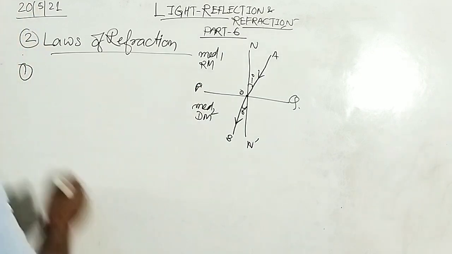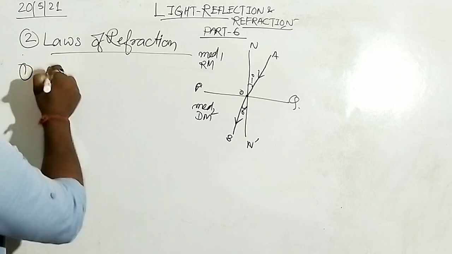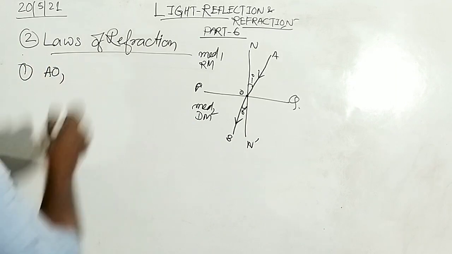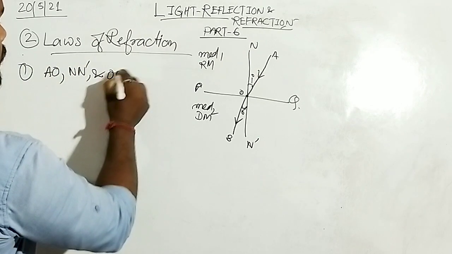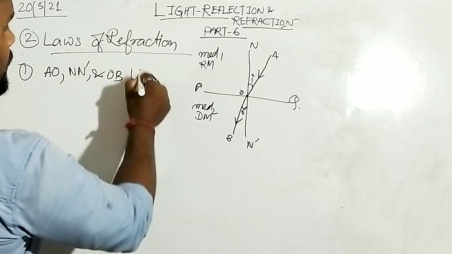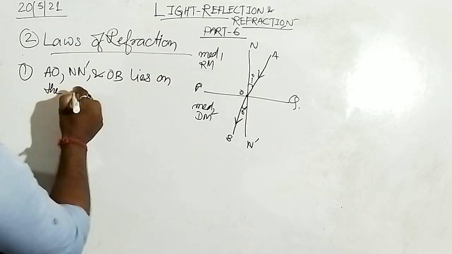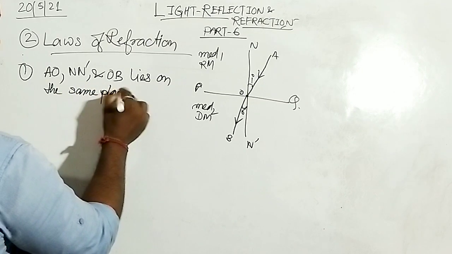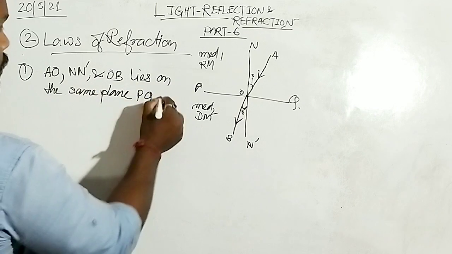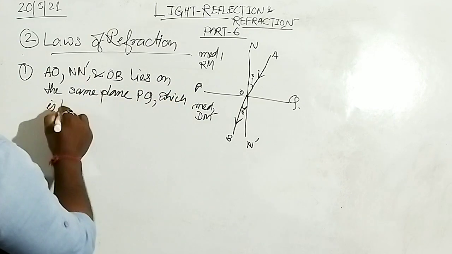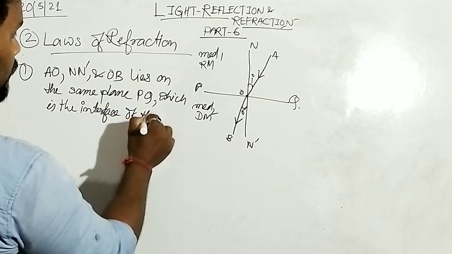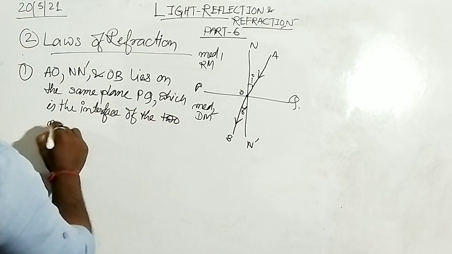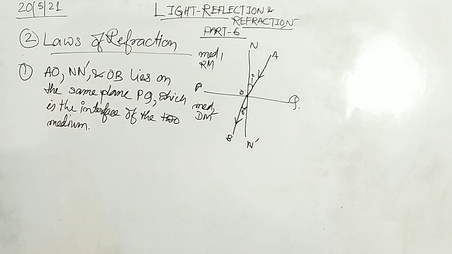So we can say that AO, the incident ray, the normal NN dash, and the refracted ray OB lie on the same plane PQ, which is the interface of the two media, right? Simple. This is the first law.